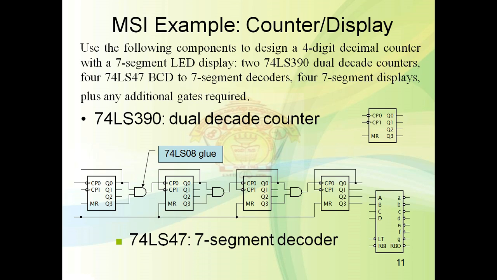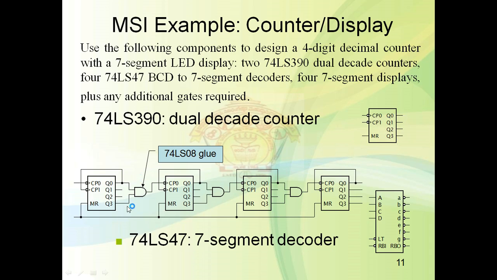See here in this example, this is the symbol of the 74LS390. It has CP0, CP1 for the single bit counter and the 3-bit counter, the second counter, and these are the total combined outputs Q0, Q1, Q2, Q3.